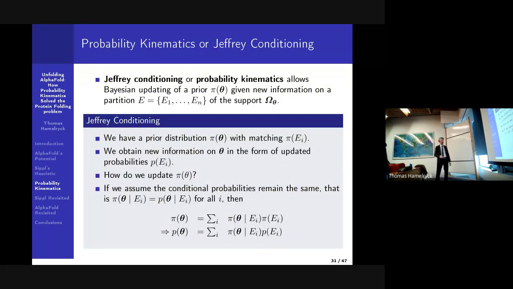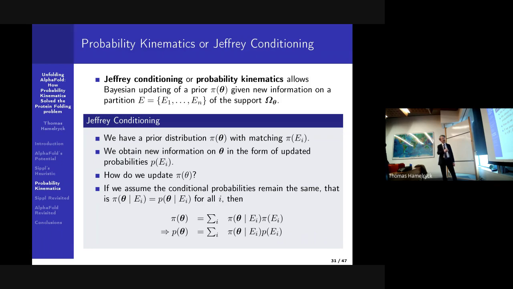And then if you write that down in a more general way, we have updating, you can call it Bayesian or not, of a prior P of theta, given new information on a partition. This updating happens as follows.